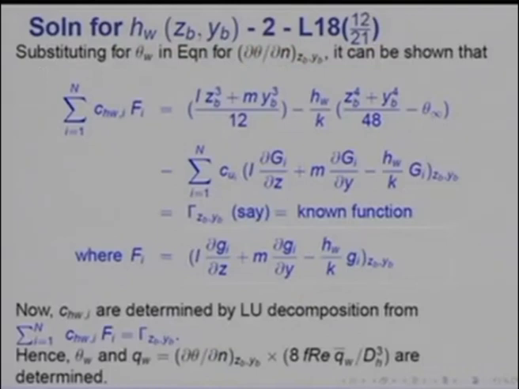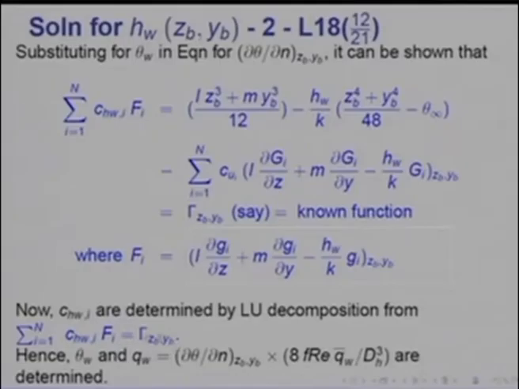So you can see I can now say that if I define Fi equal to L ∂Gi/∂z plus m ∂Gi/∂y at ZB, YB, so Fi is simply equal to what is given in the brackets, then the right hand side would be all this, and the entire right hand side is known. So again I get an equation: the sum over i equal to 1 to n of CHWi Fi equal to Z gamma times ZB, YB.